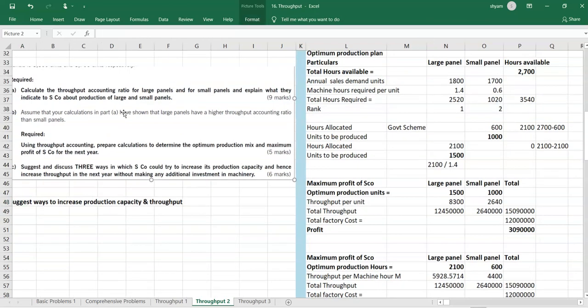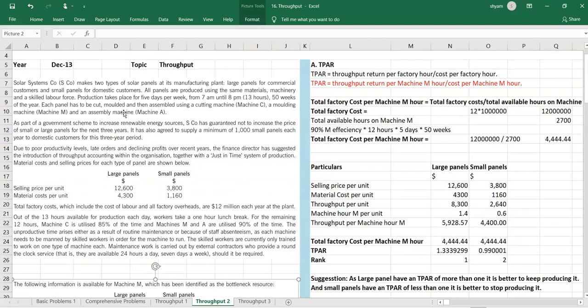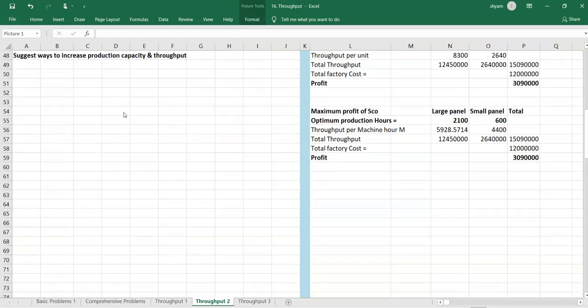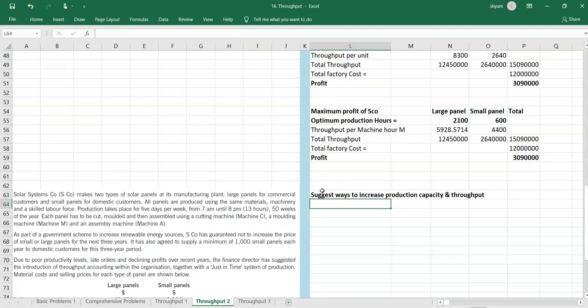So we have the concept here. We'll copy this and paste it here, and we'll try to find the three ways. So we'll put the numbers here. Number one, how we could increase it.